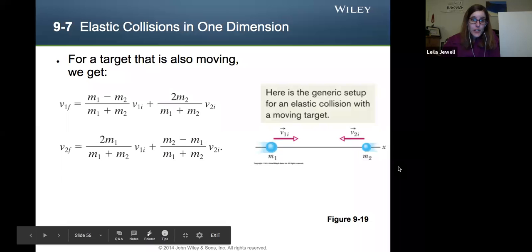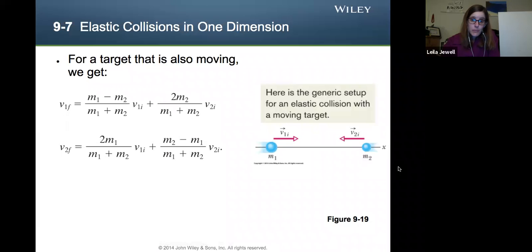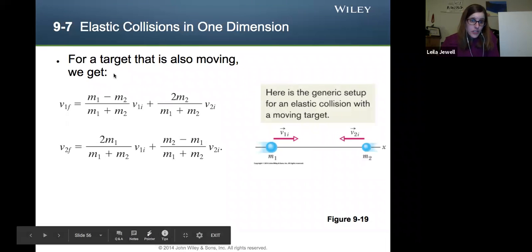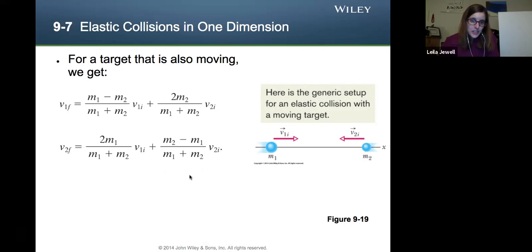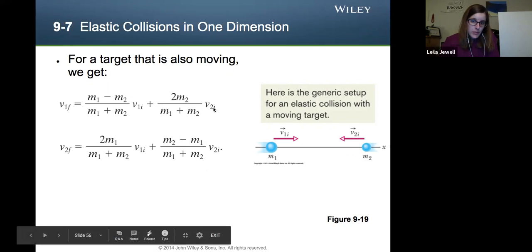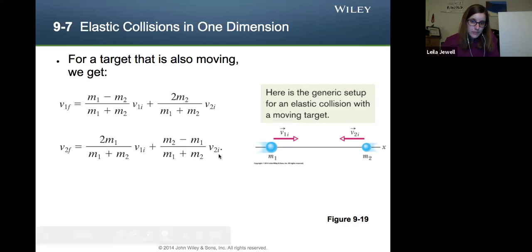All right, now for a target that's also moving, this is the most general set of two equations for an elastic collision. So it has to be an elastic collision still. But now we have a target that also has some initial velocity. And the first half of the equations is exactly the same. We've just now added a second term to each of them that's based on this v2i, the initial velocity of particle 2.